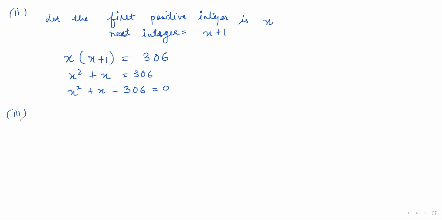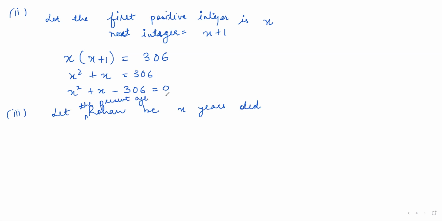Third part. So Rohan's mother is 26 years older than him. See, he's talking about mother, so you have to assume the age of Rohan. Okay, so let Rohan be x years old. Always assume the present age.